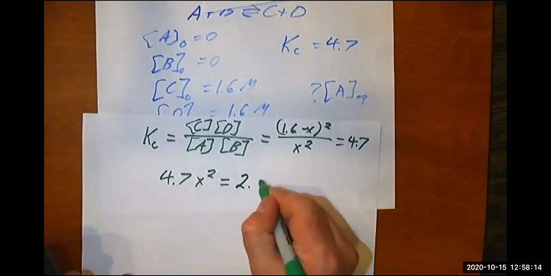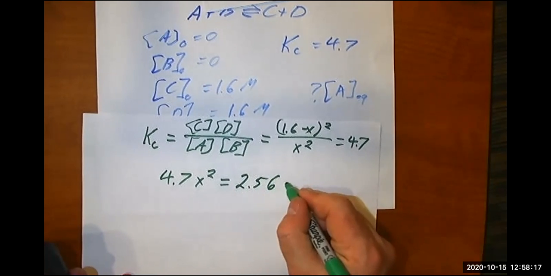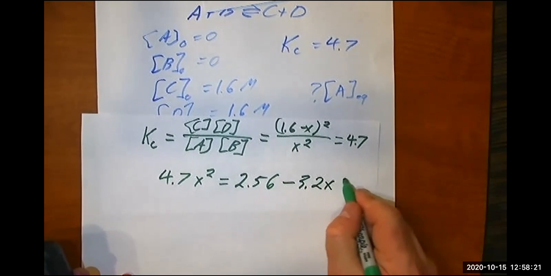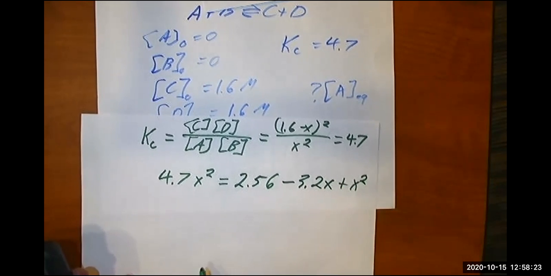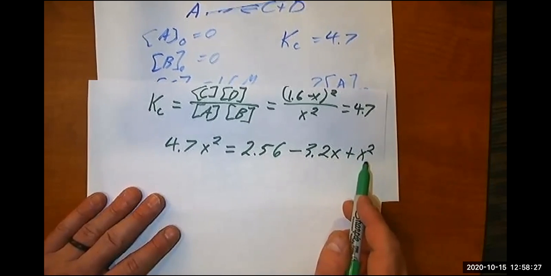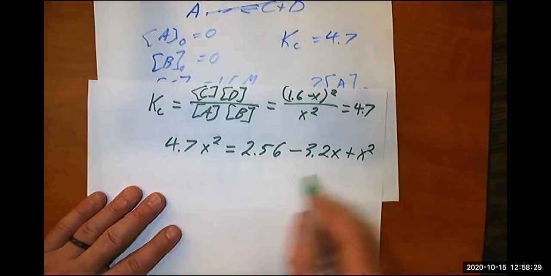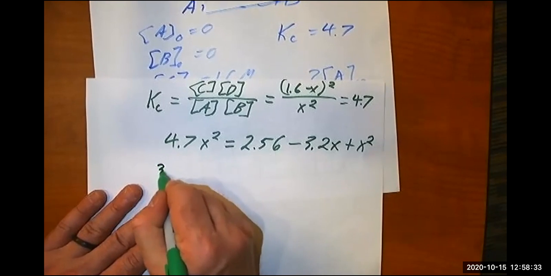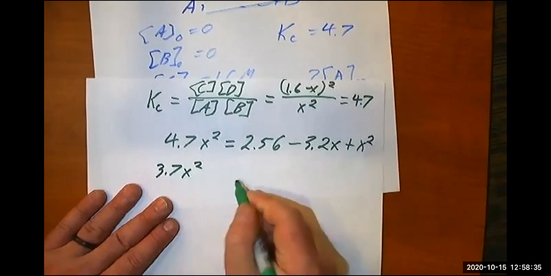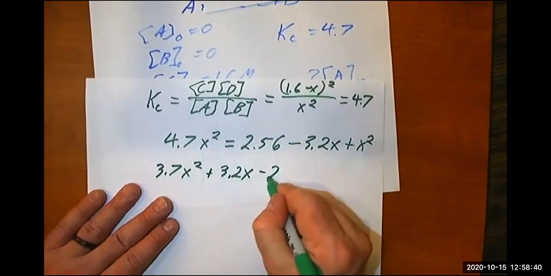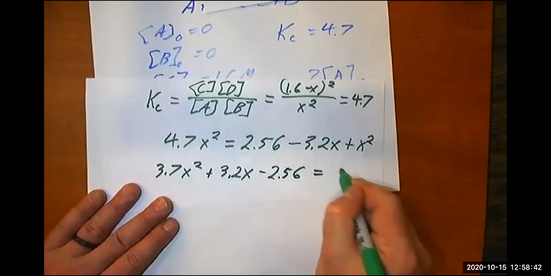So 2.56 minus 3.2x plus x squared. We simplify: 3.7x squared plus 3.2x minus 2.56 equals 0.